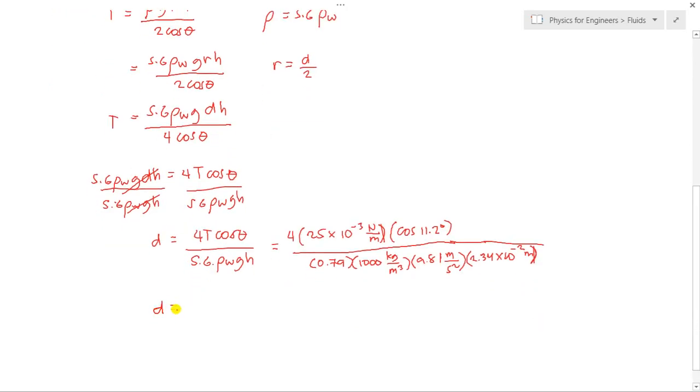So our diameter now is 4 times 25 times 10 to the power of negative 3 times the cosine of 11.2, all over 0.79 times 1000 times 9.81 times 2.34 times 10 to the power of negative 2.